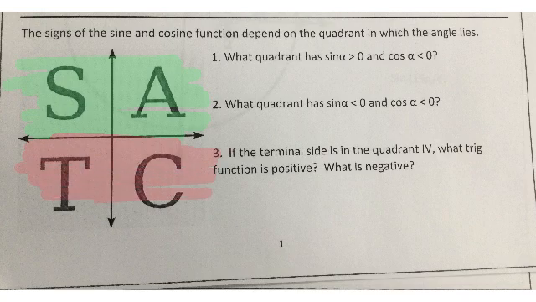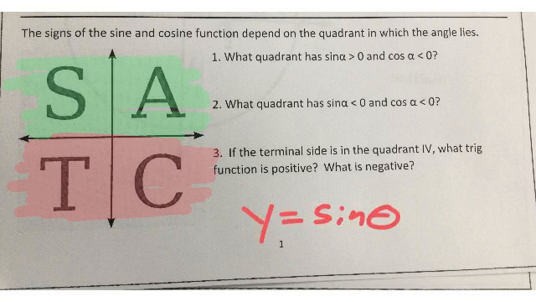So when I'm thinking strictly about y values, which we know y is equal to sine, my y values are positive up here and negative down here. Therefore, sine is positive in the green and negative in the red. You see where that comes from? Because sine's just the y value.